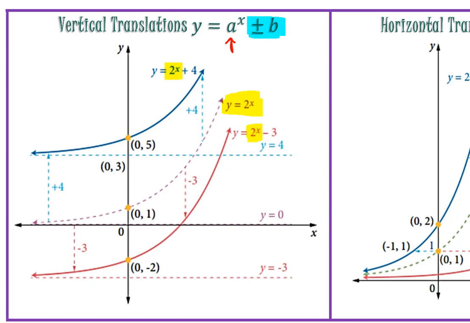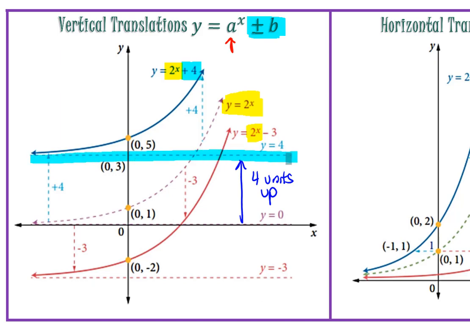If I look at a vertical translation up, as you can see with this one, we have a plus 4. That is a vertical translation 4 units up. So that means our horizontal asymptote has moved to y is 4.